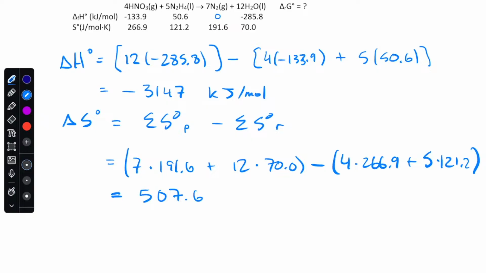I assume you can do that calculation no problem. Joules per K mole. Bring our units back from our table.